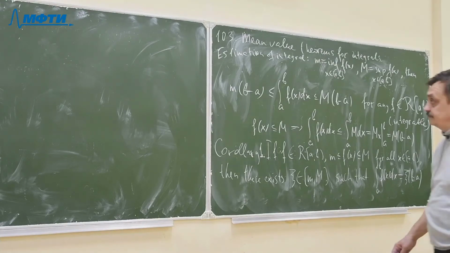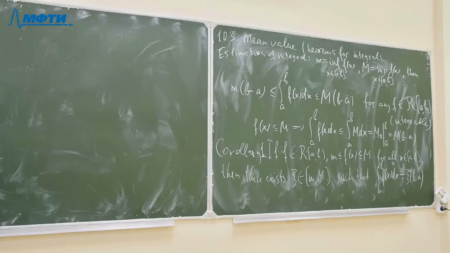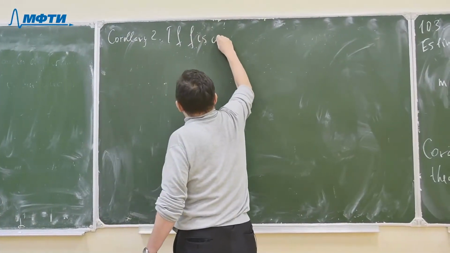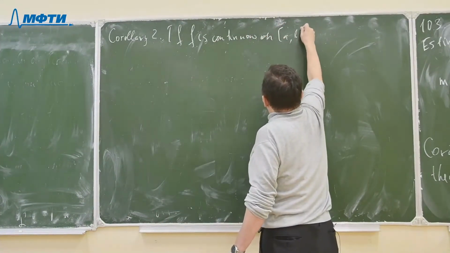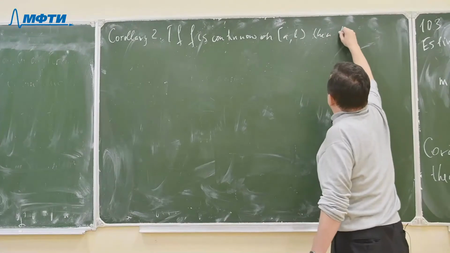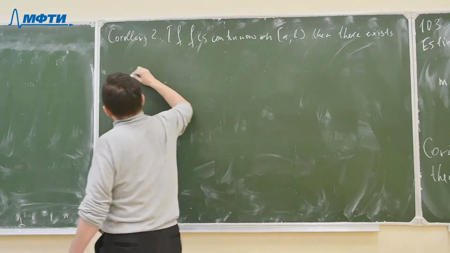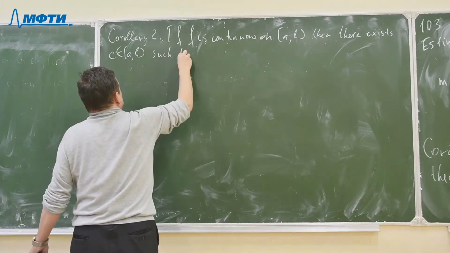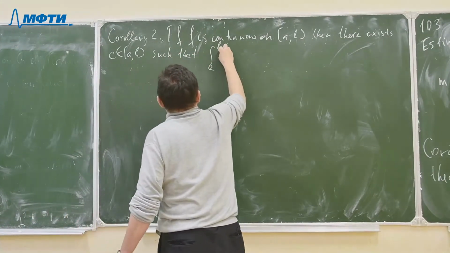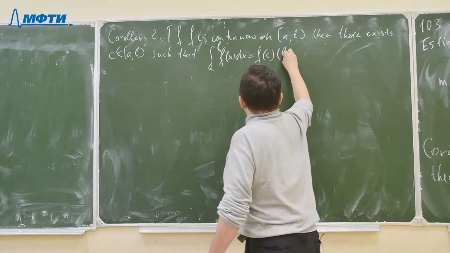Corollary 2: if f is continuous on AB, then there exists c in the interval AB such that the integral of f of x dx equals f of c times b minus a.